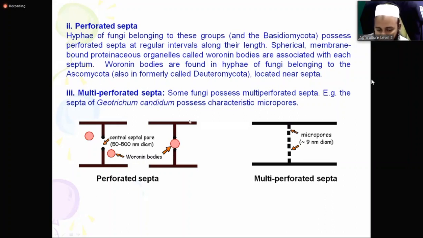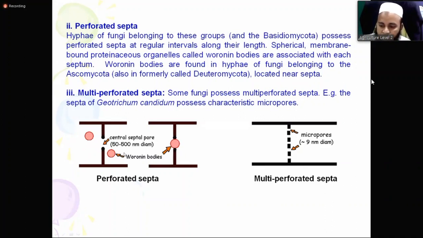In perforated septa, we discussed Woronin bodies, which look like a gate or door. Woronin bodies are spherical, round, membrane-bound, proteinaceous organelles.